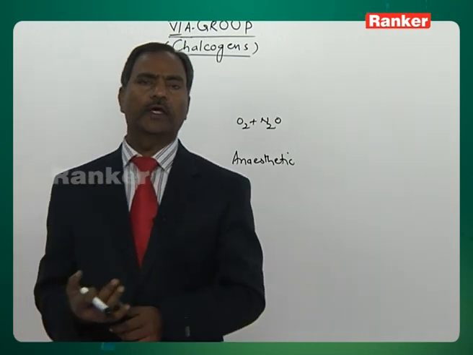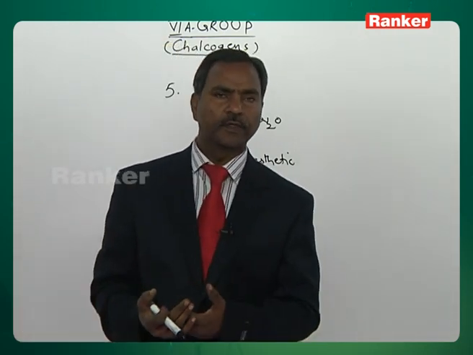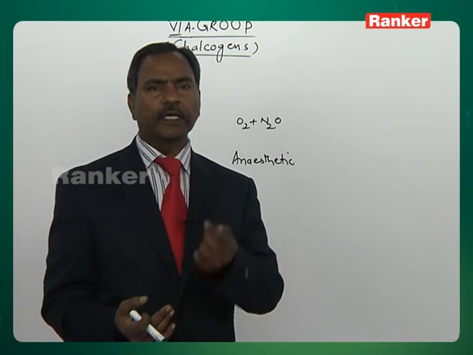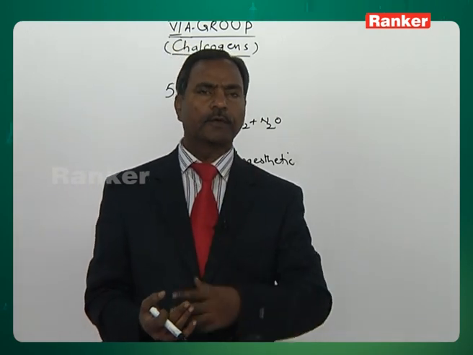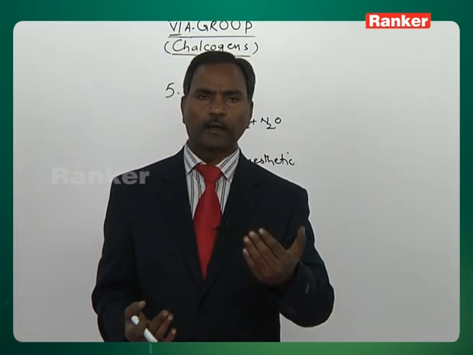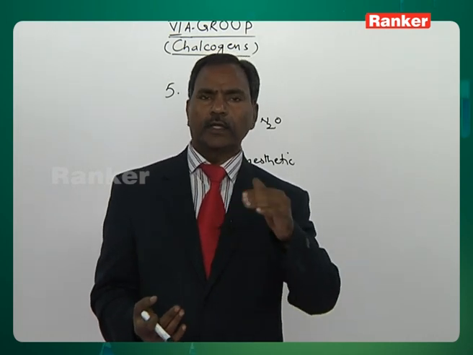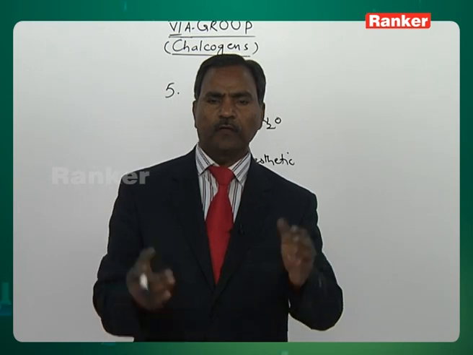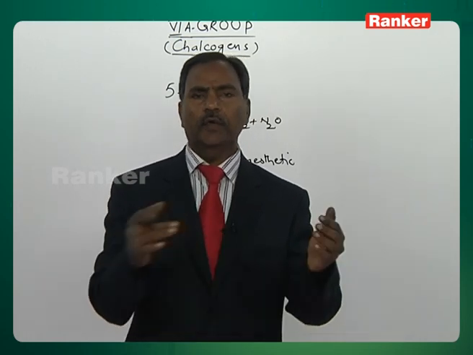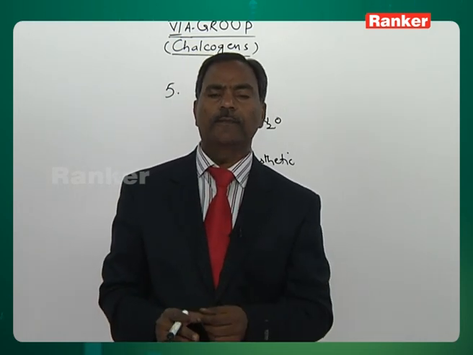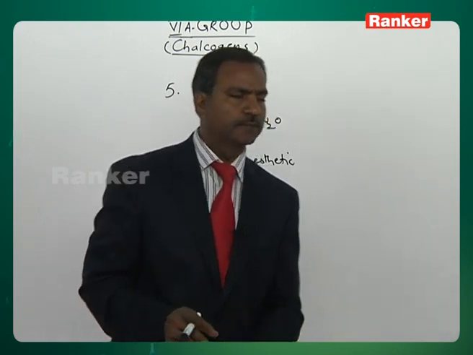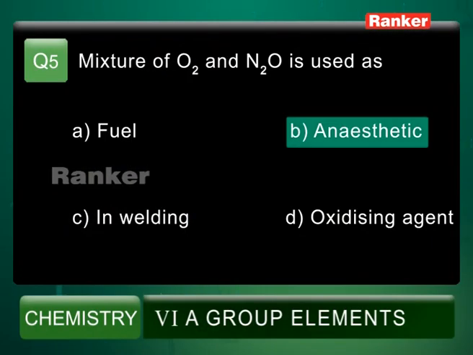Therefore, this particular N2O is commonly known as laughing gas. Whenever it is mixed with oxygen, a small required amount, then we can get anesthesia. That means N2O is acting as anesthetic gas. Therefore, the mixture of oxygen and N2O is generally used as anesthetic gas. So, 5th question, answer is B.